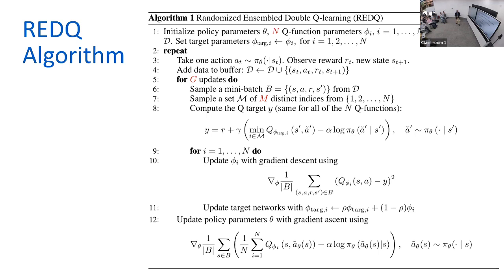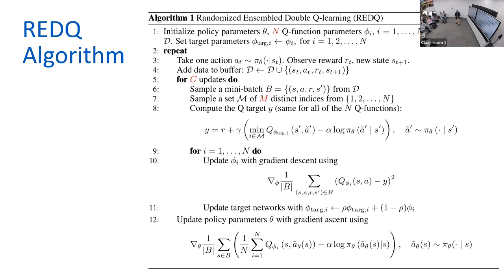And then what's very important is that when we calculate the so-called target, for those of you who are familiar with this kind of thing, we can use all N Q functions in our ensemble. But if we do that, we're going to underestimate our Q function.